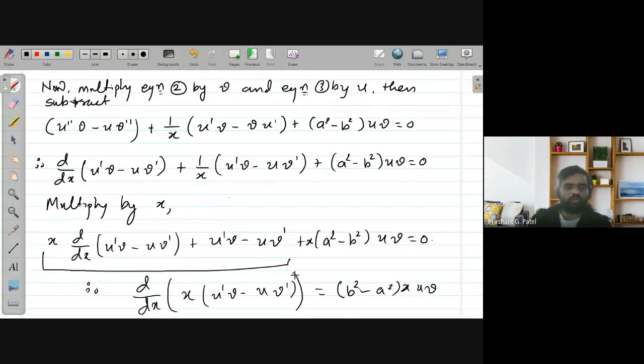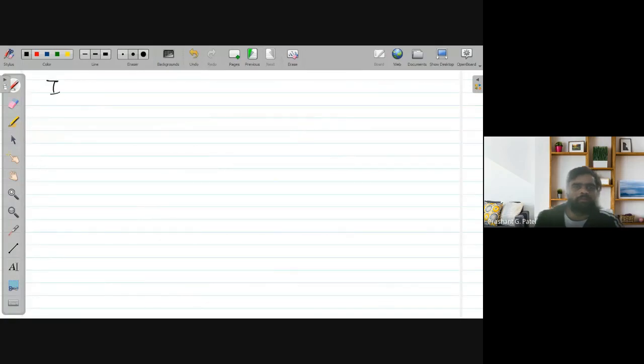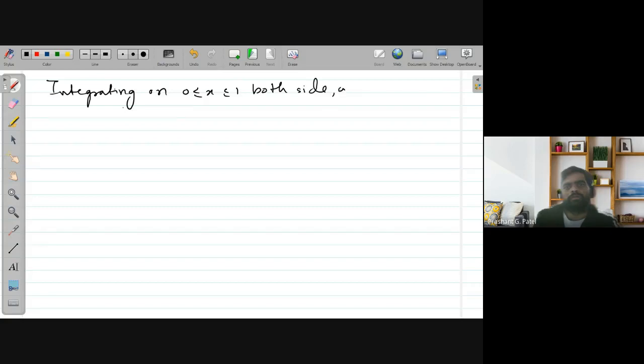Now integrating both sides with respect to x in the interval, integrating on 0 to 1 both sides, we get b square minus a square integration from 0 to 1 of x uv dx.